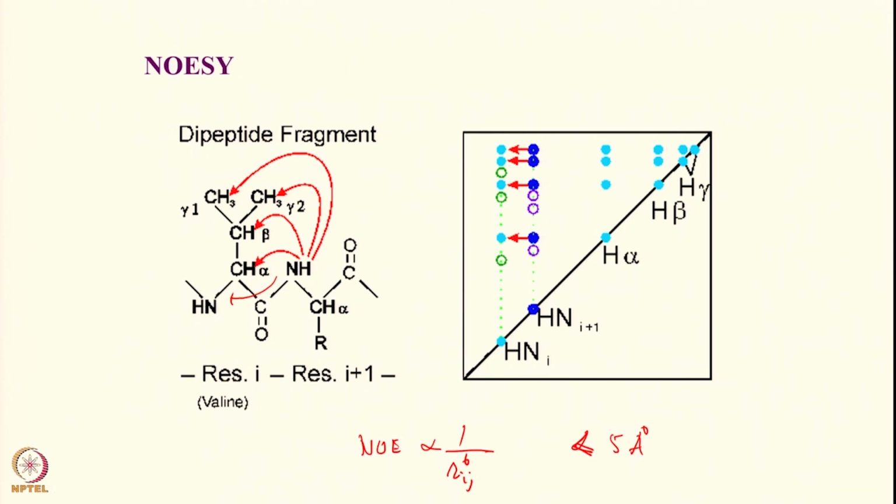However, the COSY helps you to figure out which are the peaks which belong to the same amino acid residue and which are not sequential residues. You can go from one residue to another residue using the NOESY. You cannot go from one residue to another residue using the COSY spectrum. Okay. So therefore this is an extremely important experiment from the structural biology point of view.